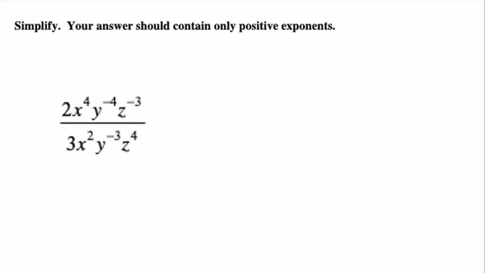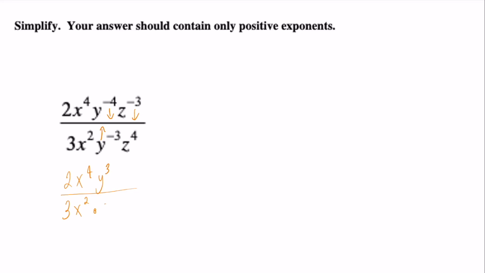All right, 2 more. Again, what's moving? Well, this y to the negative 3 is going up. This is going down. That's going down. Everything else stays in place, so let's just rewrite it. So we have 2x to the 4th times what's coming up, the y to the 3rd. Okay, now let's see what's on the bottom. Well, we already have our 3x squared.